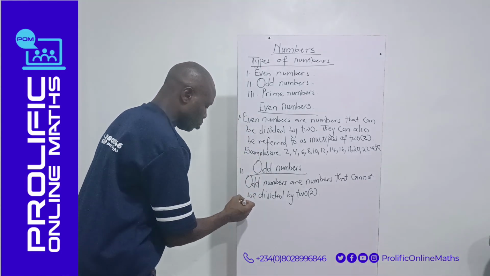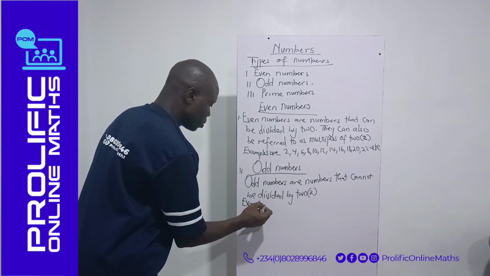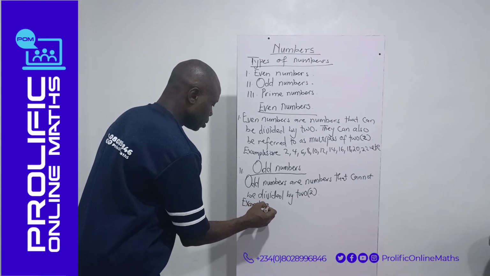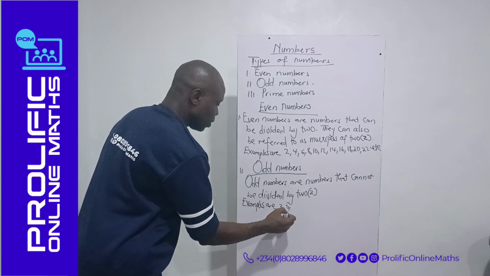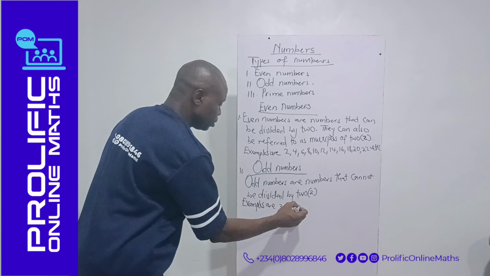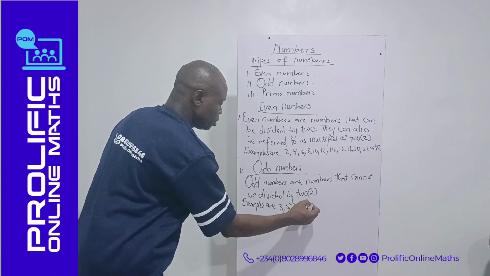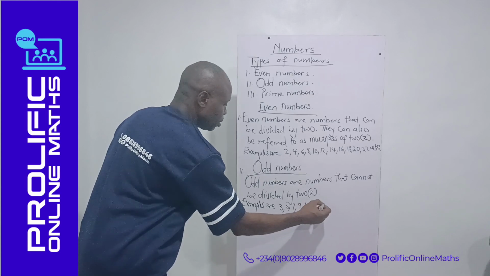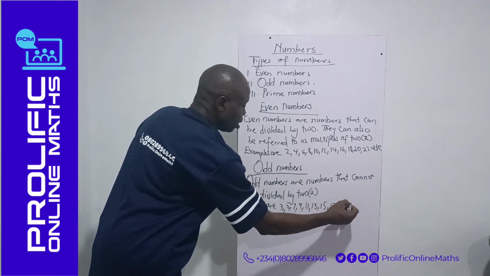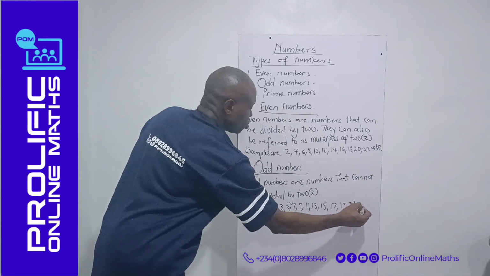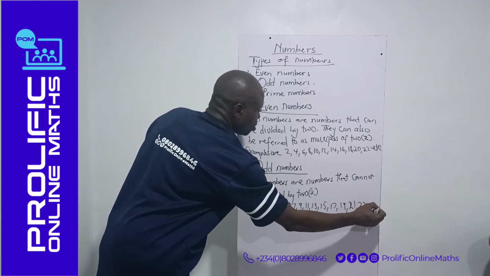Examples of such numbers are 3, 5, 7, 9, 11, 13, 15, 17, 19, 21, 23, 25, and so on.